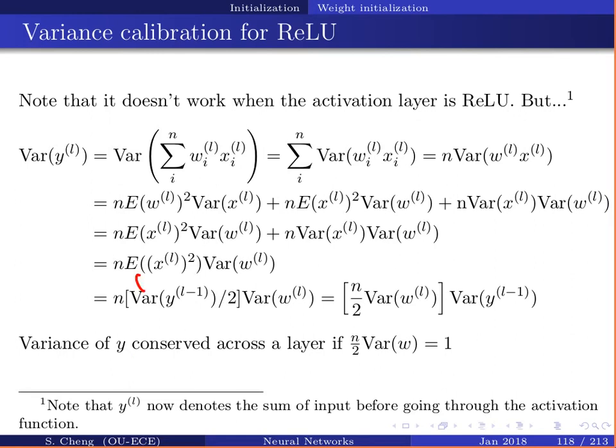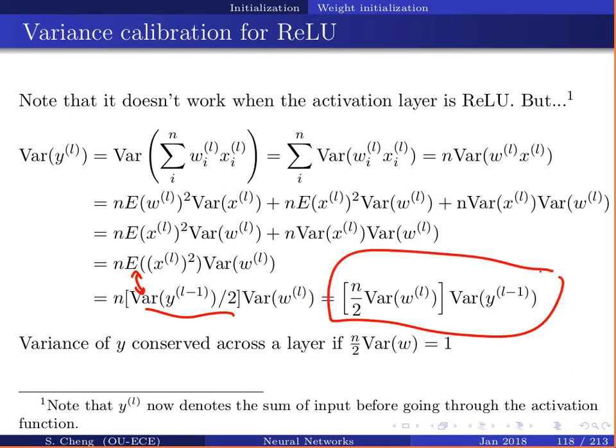I'm not completely convinced, but I guess if it's an approximation, it's fine. So this approximates the energy before the ReLU function, and this is the energy after the ReLU function. You cut down half the energy, so there will be half of that. Anyway, I guess that should be some kind of approximation, and I'm kind of happy with that for this moment. So therefore, we rearrange that, and we have this thing again.